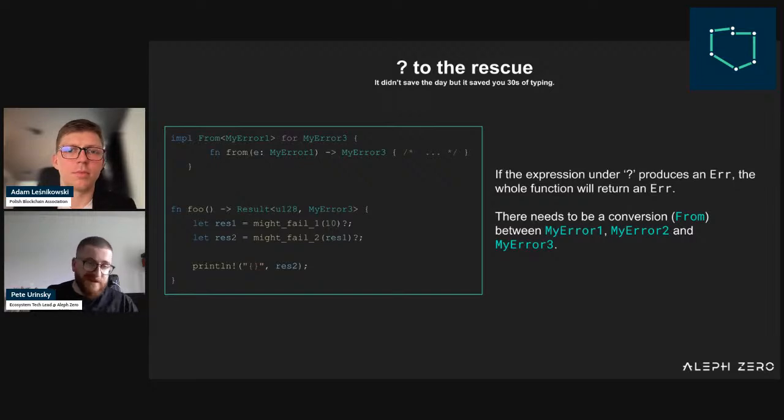And to that, Rust is saying, okay, as long as you can provide me a conversion from error 1 to error 3, that's the type of the foo method, and error 2 to error 3, which is, again, the enclosing error type, you're good. You can just use the question marks, write the code as if it was pure code, with no errors. And basically, if an error happens, it will fail the whole computation.